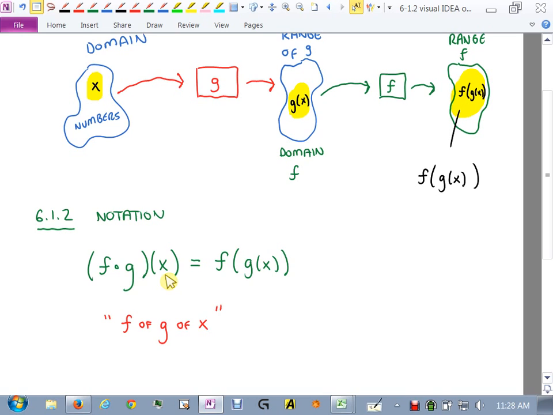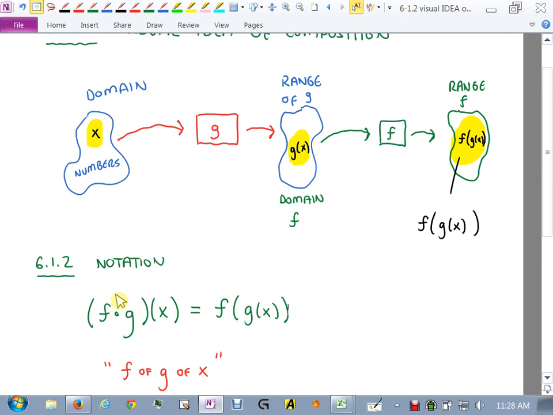You can flip the order, and you can also have G of F of X. How do you think that would change our chain? Yeah, the F would go here and the G would go here. So F would get that input first, then spit something out, and then G would get that answer and spit that out.